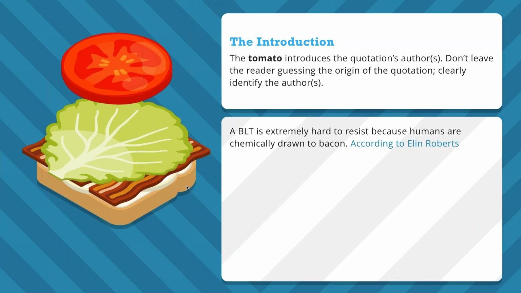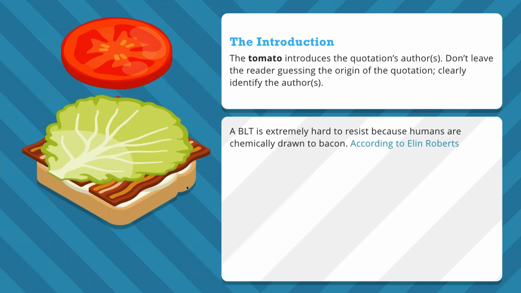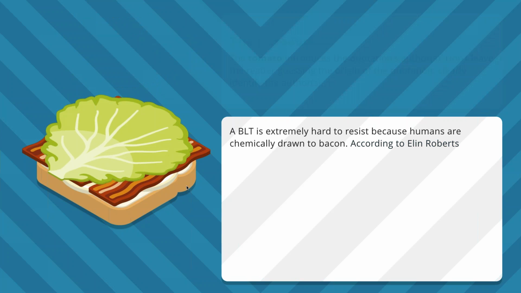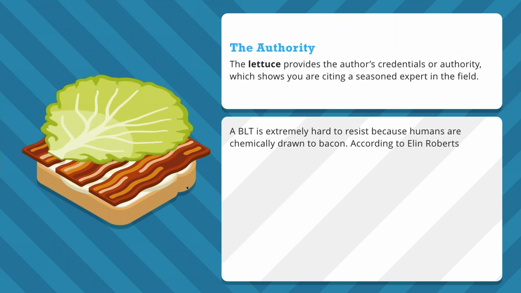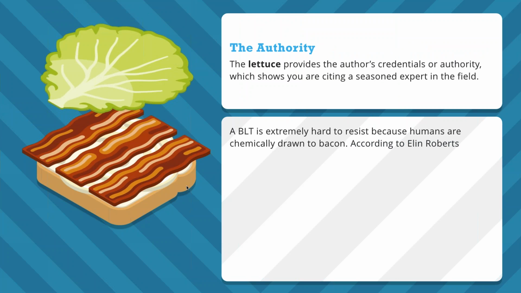Well, who the heck is Ellen Roberts, and why do we care what Ellen Roberts has to say? This is where the lettuce comes in. This is the authority. This is how we know that Ellen is someone we can trust. We need to know our source's credentials. Show that we're citing a seasoned expert in the field. So Ellen Roberts is the head of public engagement at the Center for Life in Newcastle.